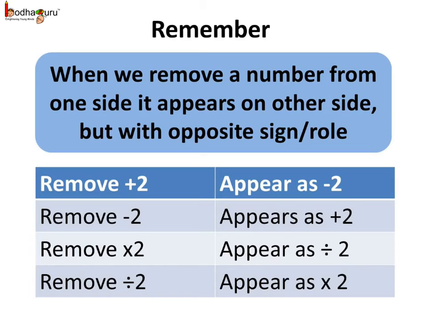For example, when we remove multiplied by 2, it appears as divided by 2 on the other side. Same way, on removal, divide by 2 becomes multiplied by 2 on the other side.